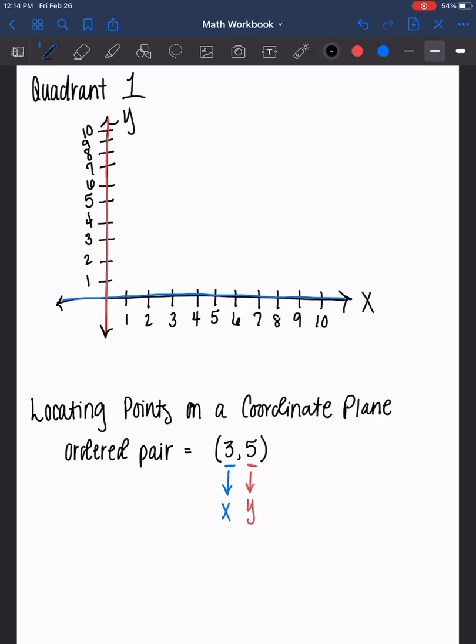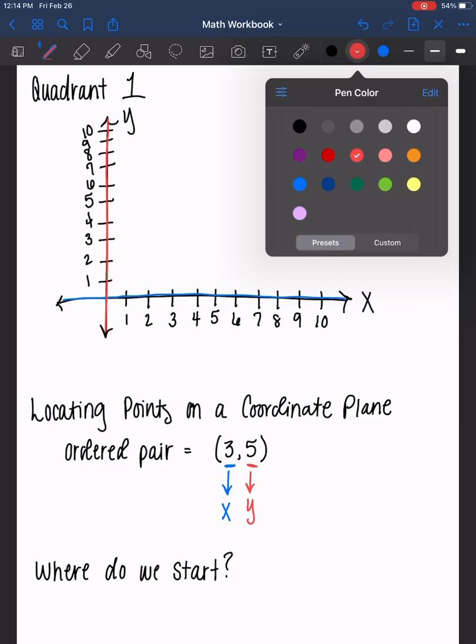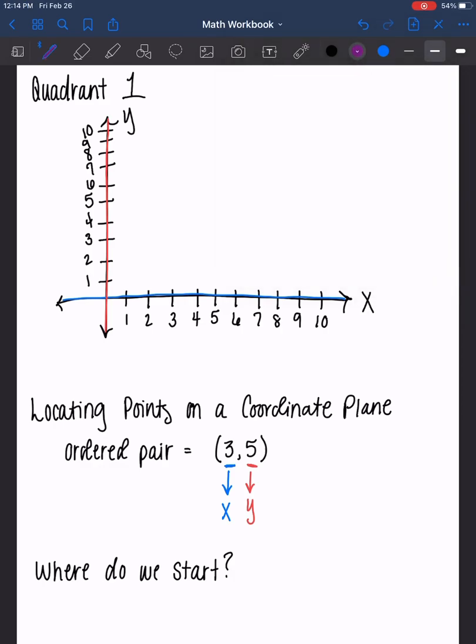We're going to plot the ordered pair 3, 5, but where do we start? Where are we supposed to start with locating the exact point of 3, 5? Where do we start?